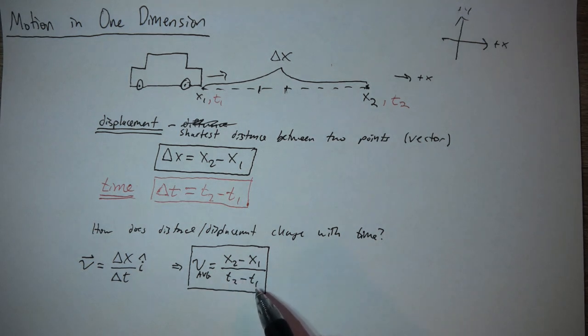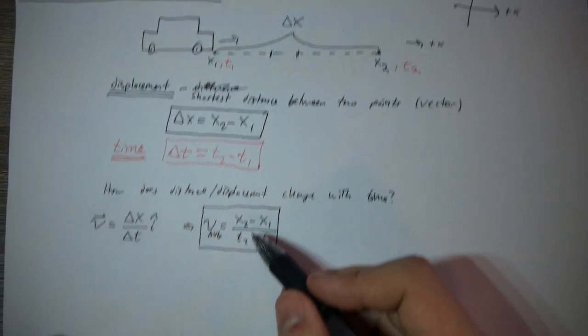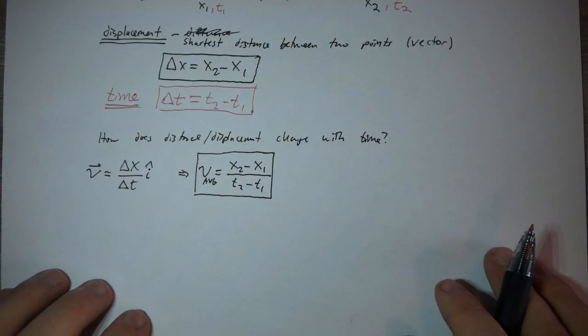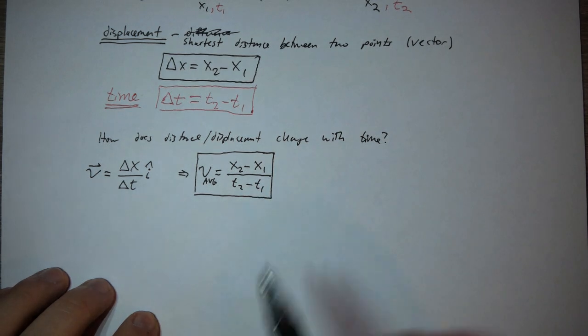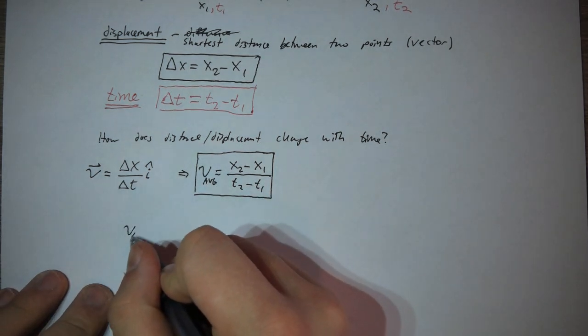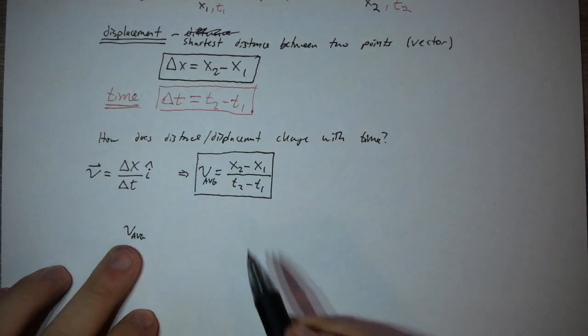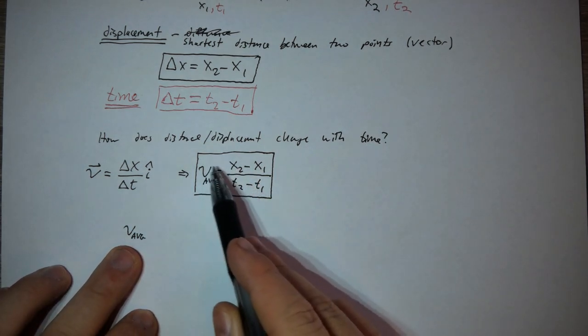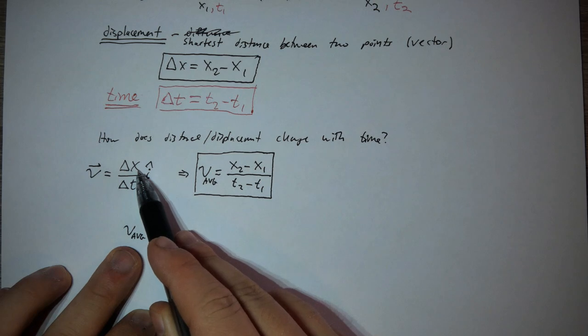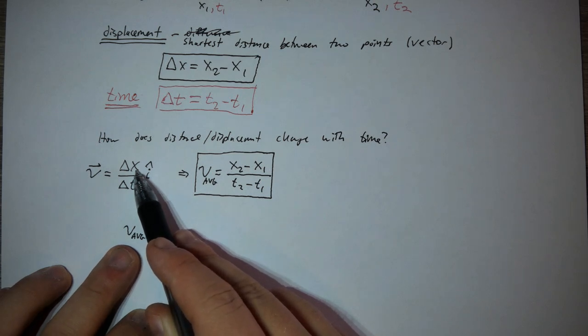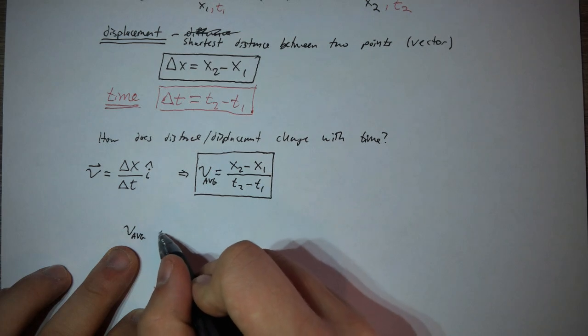So let's now dig into what this really is saying. Let's understand intuitively what this means. If we look at the velocity, we have our delta x, our position, our displacement, in the numerator.